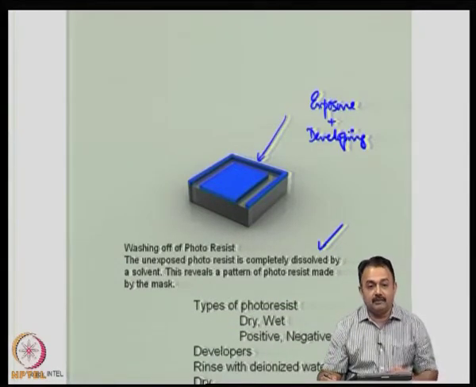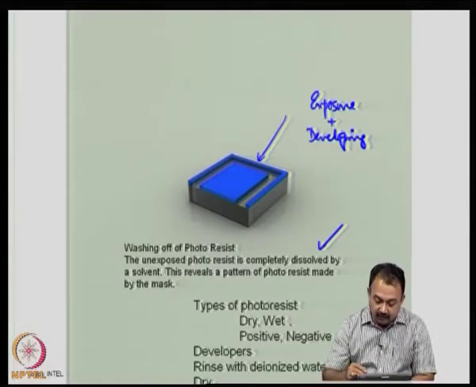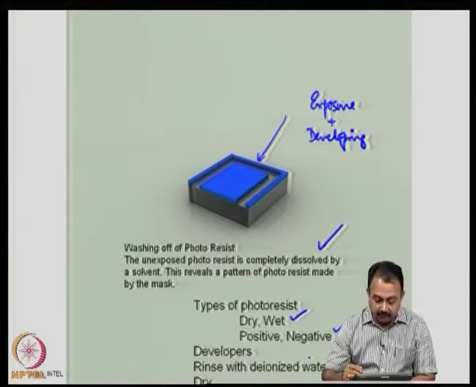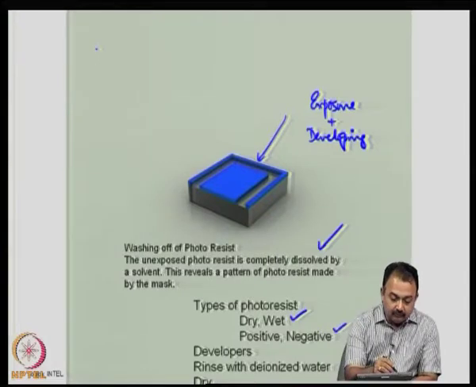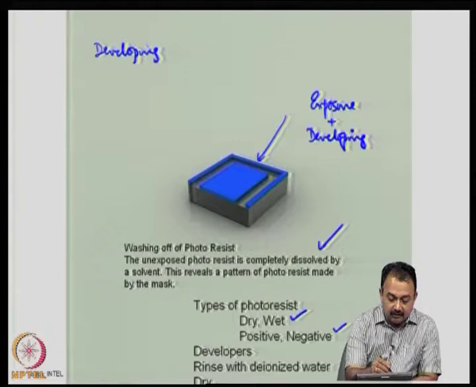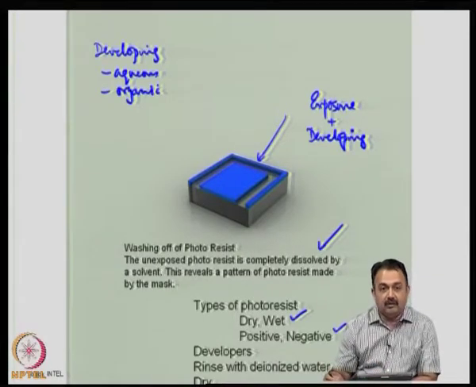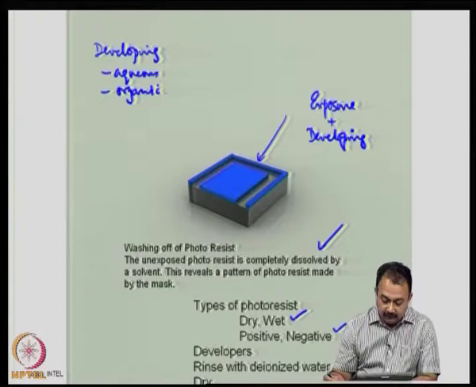Now, the types of photoresist can be dry or wet, it can be positive photoresist or a negative photoresist. Developers, the developing chemical, can be aqueous, they can also be organic, but organic solvents need to be environmentally friendly.